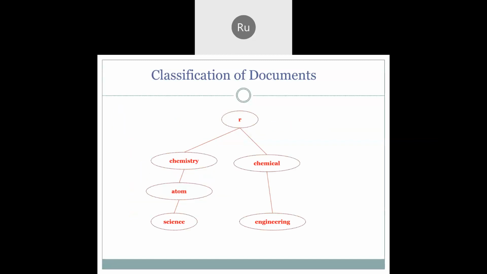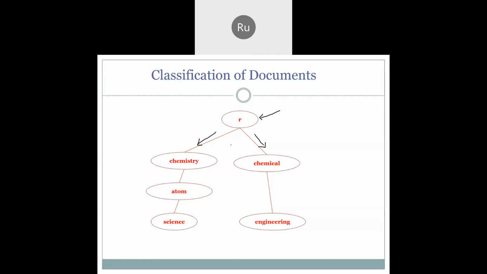Okay, so when we want to do the classification of a document, we will have to pick certain roots here. Okay, so we say that if the value of the topic is chemistry, then we go here. If chemical, we go here, because chemical and chemistry are two different separate entities, so we can split them.